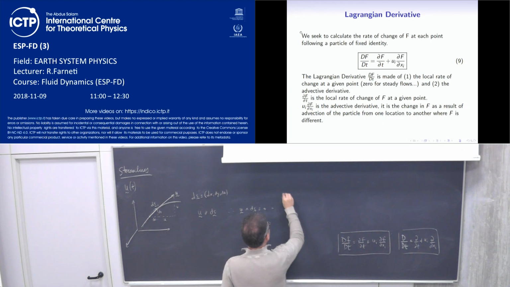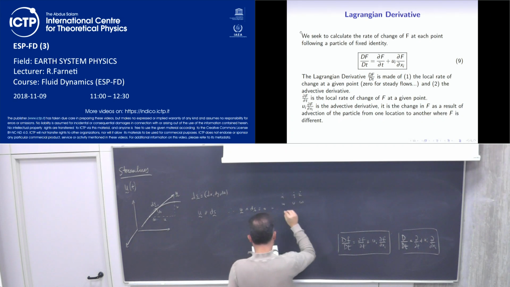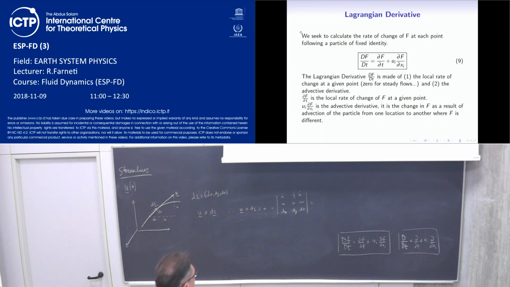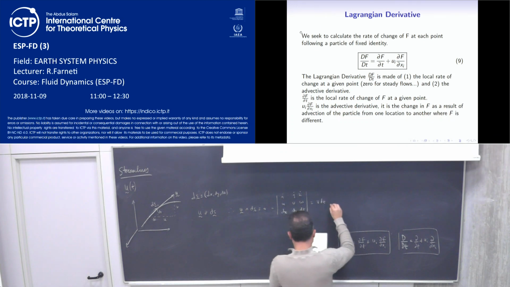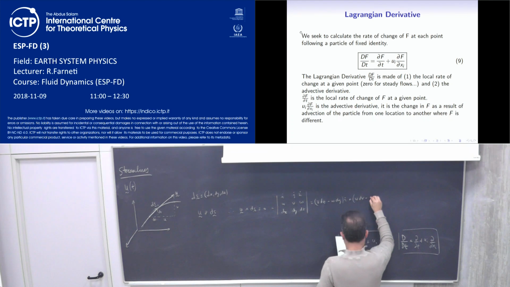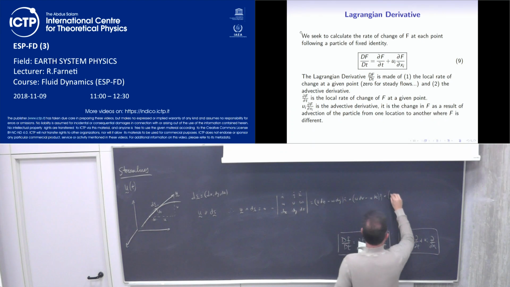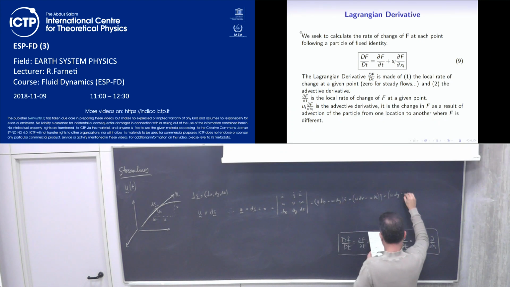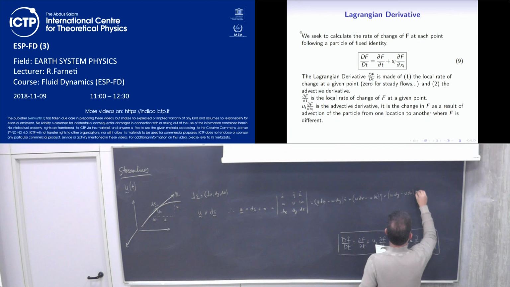So if you do this, the determinant with i, j, k, your velocity vector components u, v, w, and dx, dy, and dz, you will have (w dy minus v dz) in i, plus (u dz minus w dx) in j, plus (v dx minus u dy) in k.